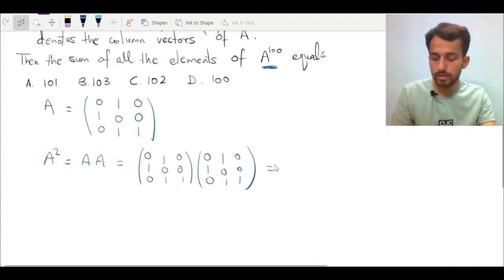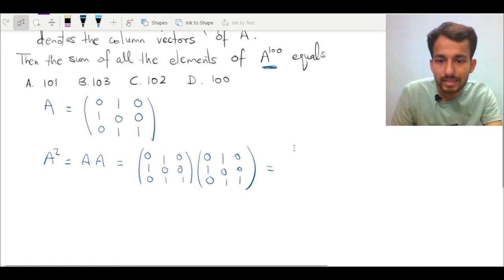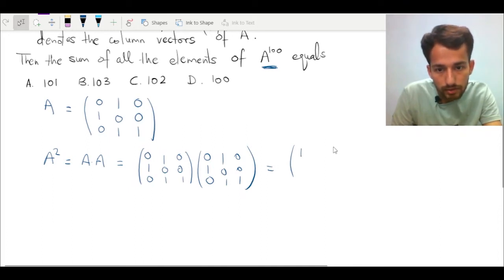The steps are quite easy, but there are basic calculations. So first row, first column will be 1. First row, second column: if you multiply the first row with the second column, 0 times 0 is 0, so it will be 0. Similarly, first row and third column will be 0.